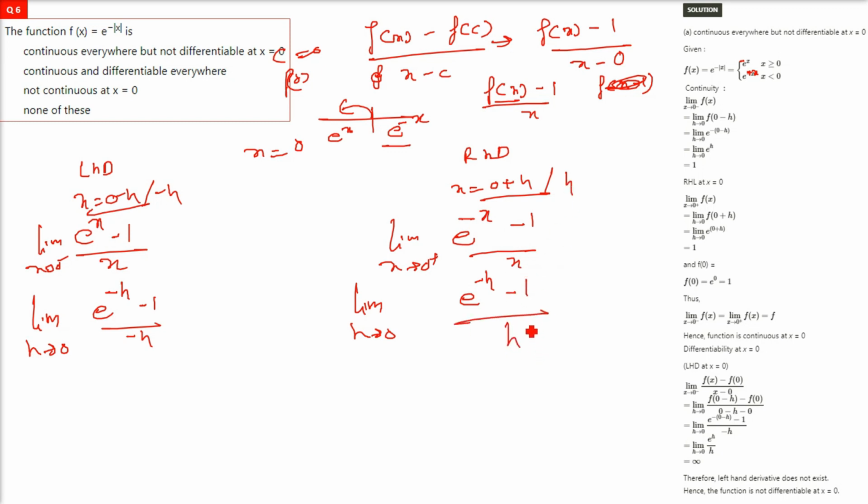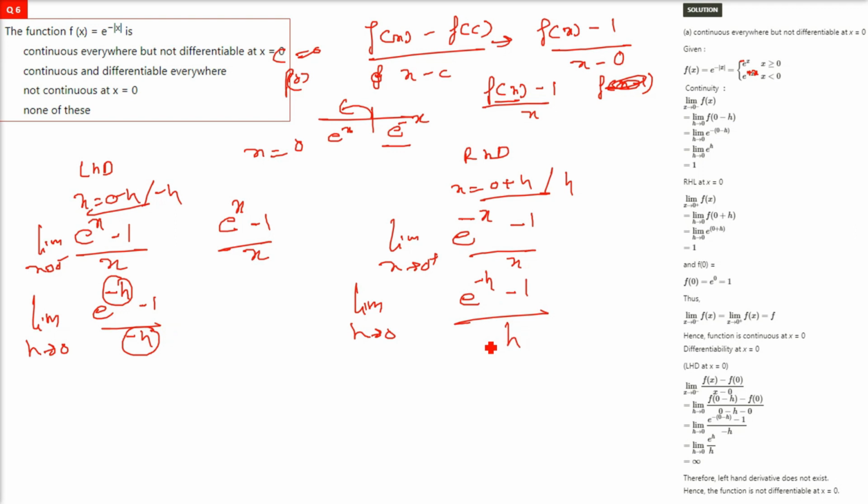Now please remember, limit x tends to 0 of (e to the power x minus 1) by x is 1. That we already know by our previous classes and our experience.